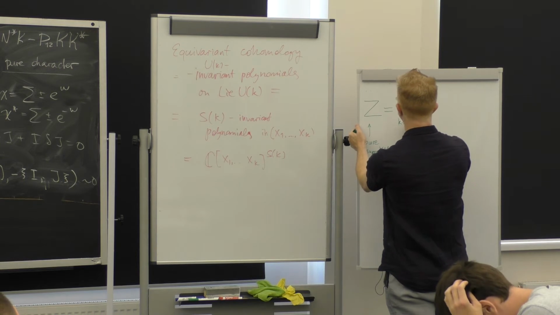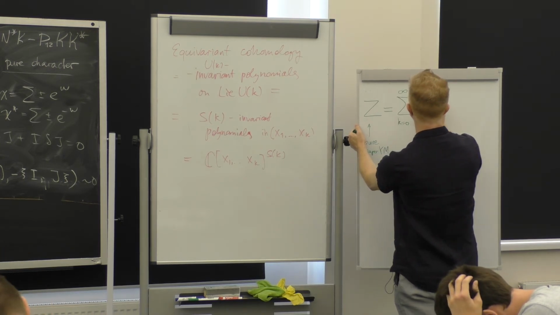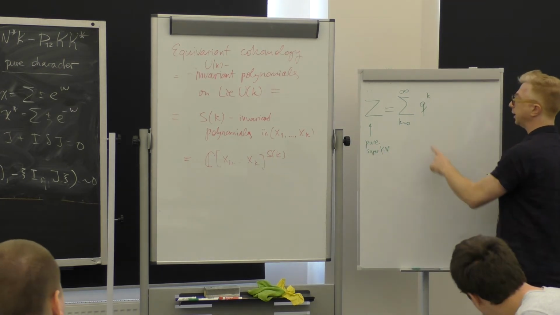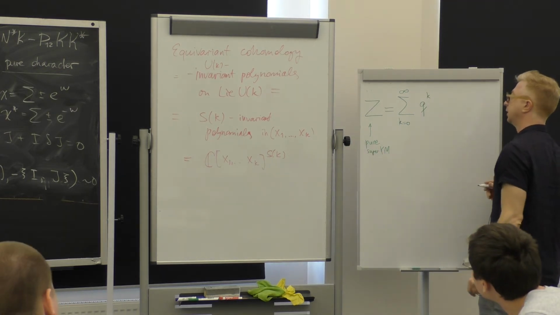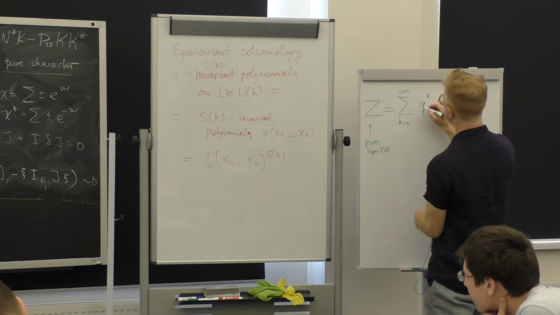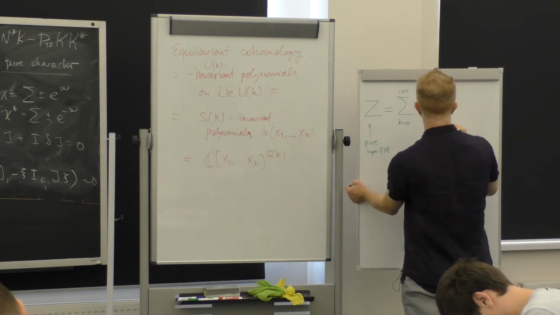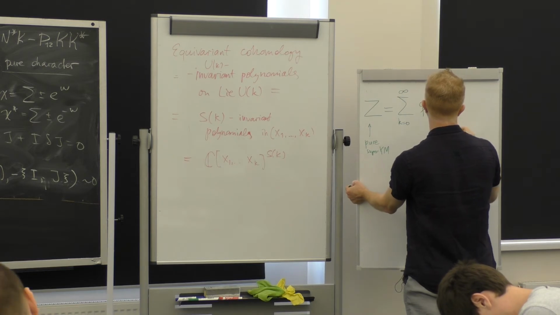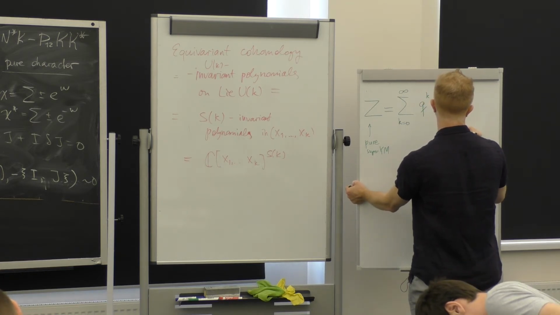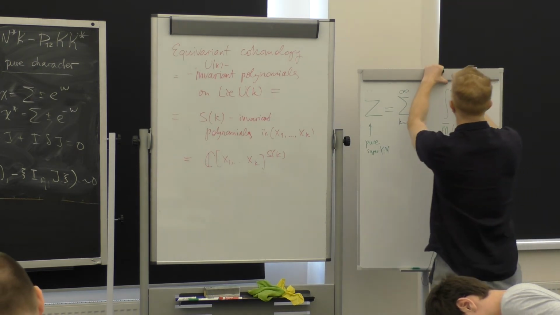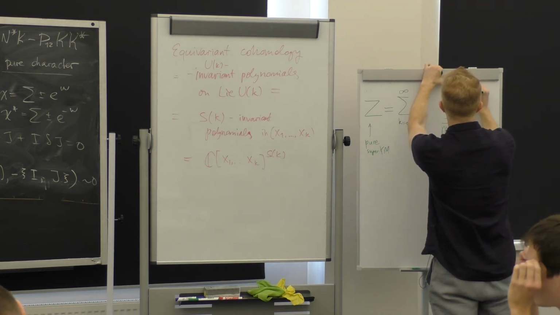So this is going to be the sum over all topological charges. I have now a new parameter in the game called Q, the parameter which counts the instantons. And then I do the integral over the moduli space of instantons of charge K. And so this integral is T equivariant.